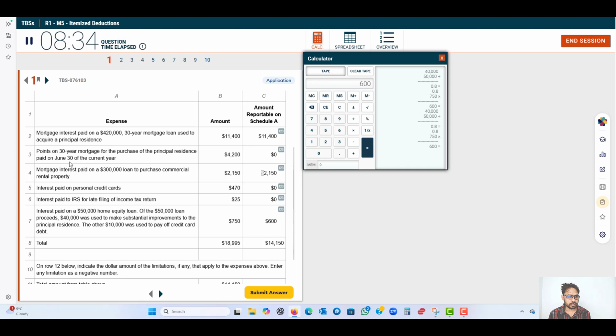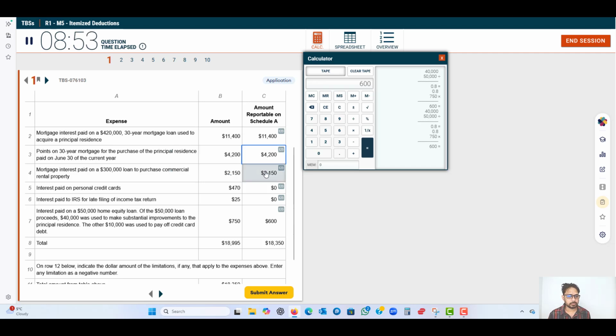Points, actually, points means that if you save any points on your card, and if you pay mortgage interest for purchasing your principal residence, that is actually totally deductible. So it should be 4,200.